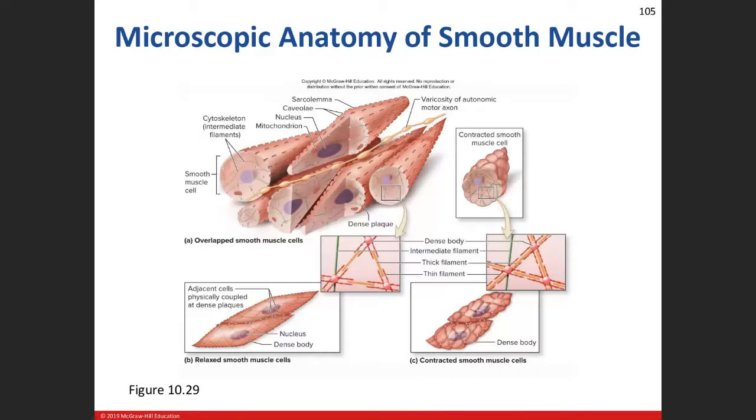That's these guys right here. See the dense bodies here, how far they are from one another. When we get that power stroke occurring, now the distance is shortened between those dense bodies, and that's what causes the cell to get smaller, and it's contraction there.